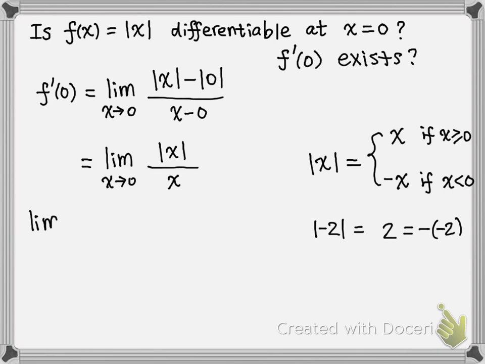So we really need to look at the left limit and the right limit. Now this is the case: you have to look at left and right limits when you have a piecewise function or absolute value function.